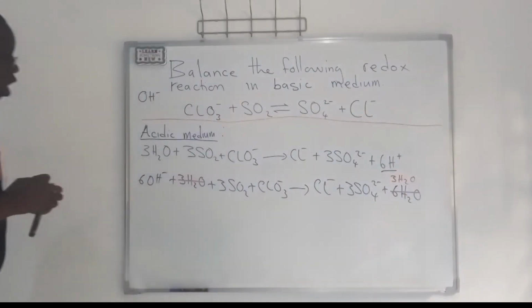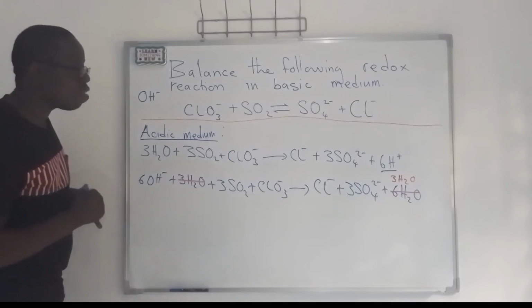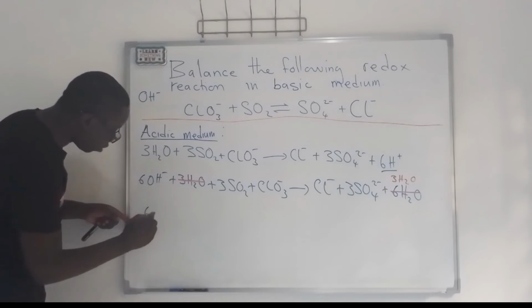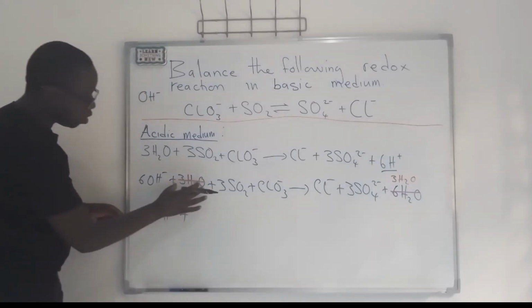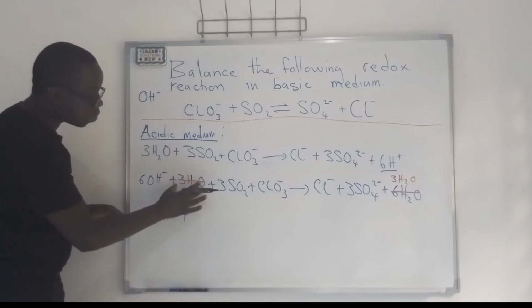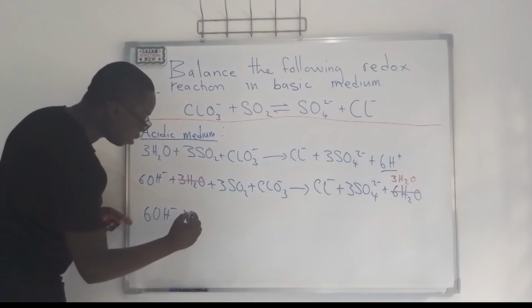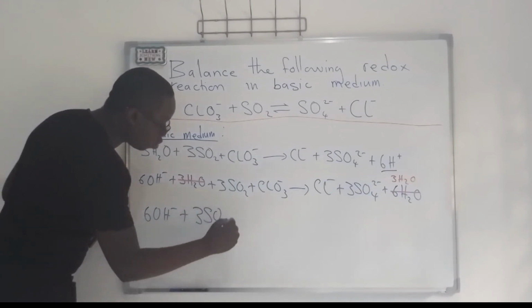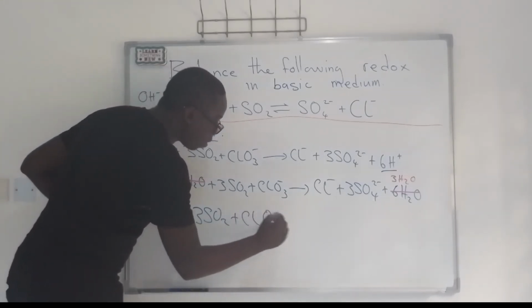So after we simplify this, we can now write the final equation that we have. The final equation will be 6OH negative plus, since this water molecule has been simplified by reducing the other water molecule on that side, plus 3SO2 plus ClO3 minus.